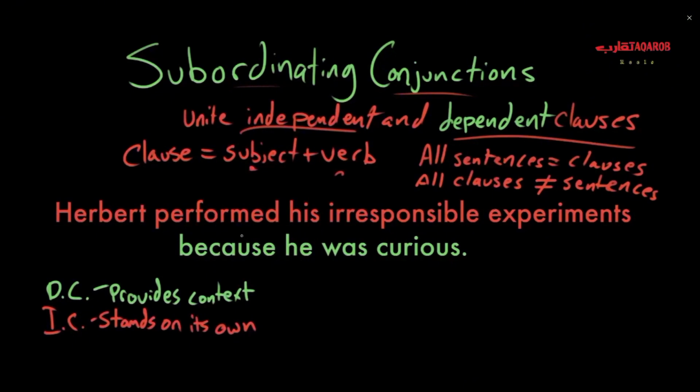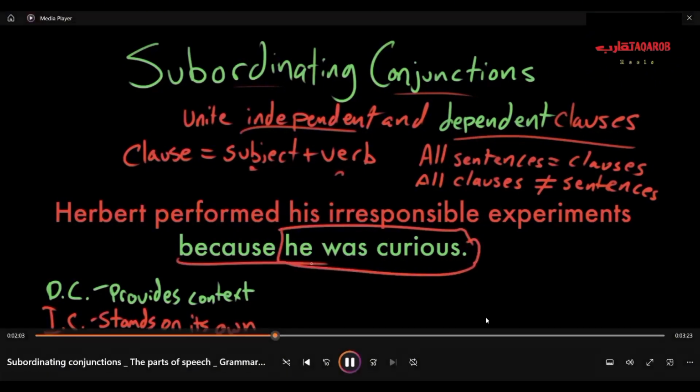It is explaining the reason for his performing irresponsible experiments. But because he was curious on its own doesn't work as a sentence. He was curious does. That's a sentence.